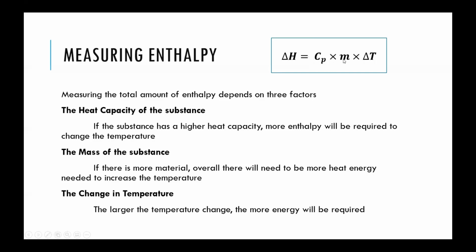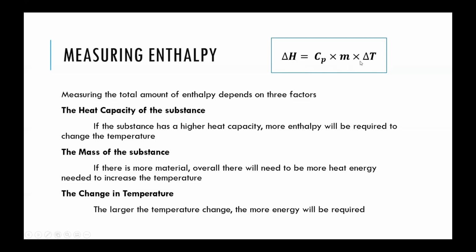This is, again, the amount of energy needed to raise 1 gram of that substance by 1 degree. It goes to show that if you have more material, you will need more energy to increase that temperature. So if there is more mass, it will require more energy to increase the temperature.